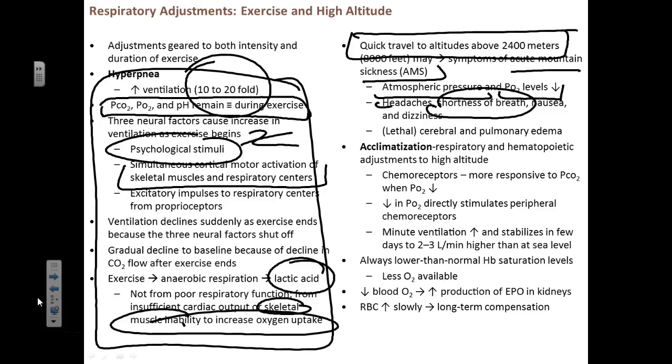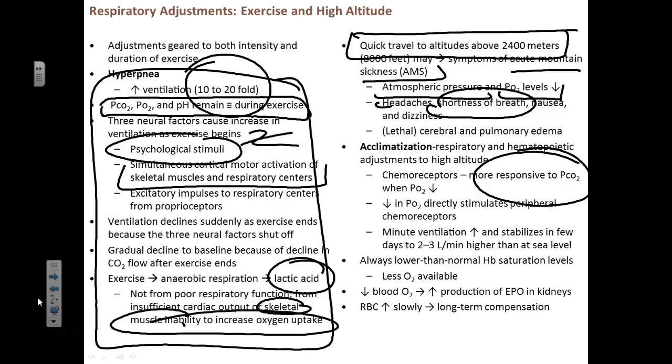And they spend several days at each base camp, not because they're lazy, not because they want to have a drink with their friends, but because they have to adapt to the new elevation. So it means the chemoreceptors become more responsive to carbon dioxide when oxygen levels decline. Okay? So they kind of adapt to the lower oxygen levels. Okay?